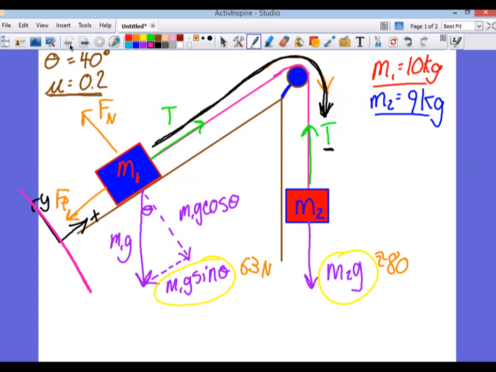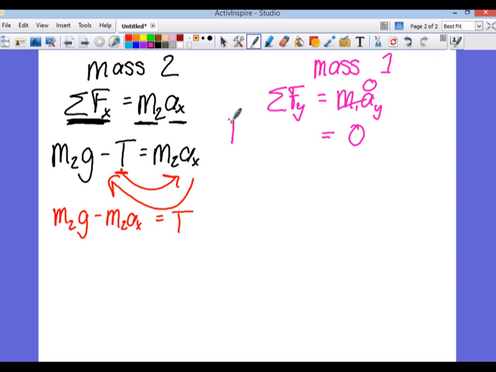The forces that I have acting here are the normal force, which points in the positive direction, and mg cosine theta, which points in the negative y direction. So I have normal force minus mg cos theta equals 0, and then bringing mg cos theta over to the other side, I have normal force equals mg cosine theta.